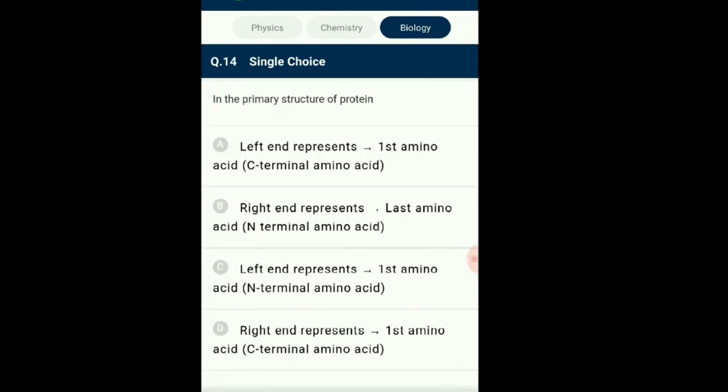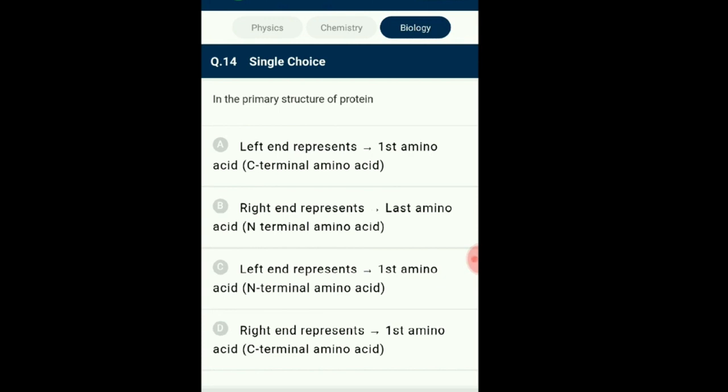Question number 14. In the primary structure of protein, the sequence of amino acids, the positional information in the protein, which is the first amino acid and which is the second and so on, is called the primary structure. Amino acids are joined by a peptide bond formed between the COOH group of the first amino acid and the NH2 group of the second amino acid.